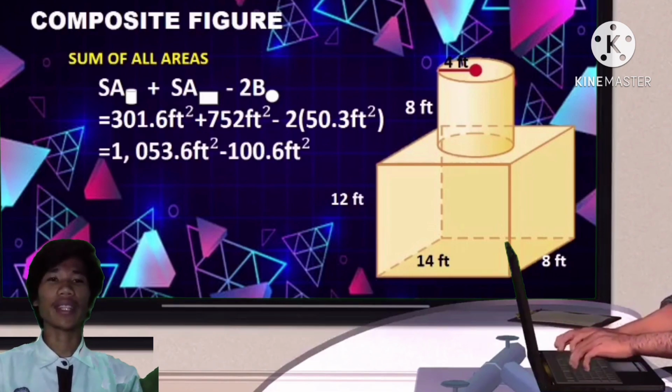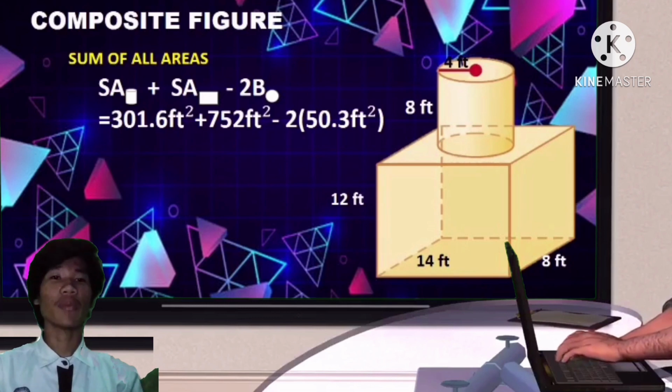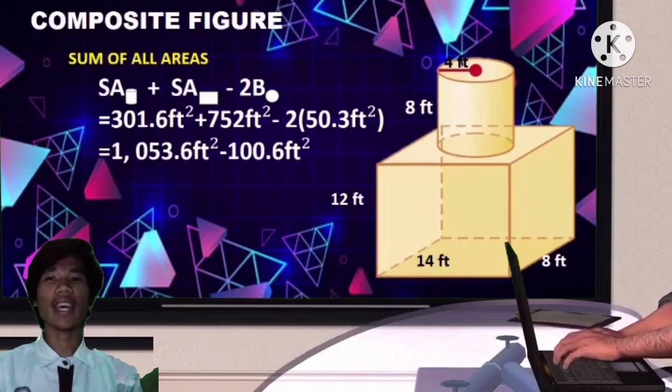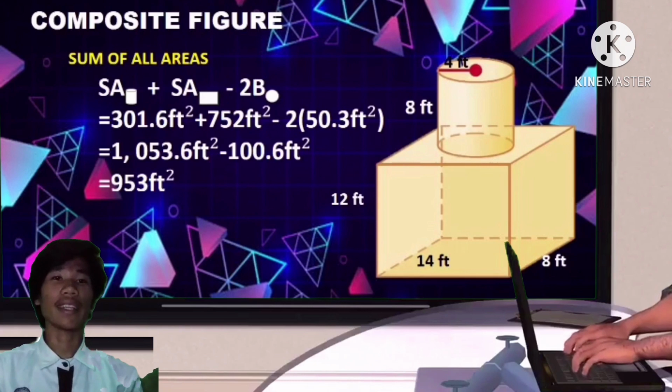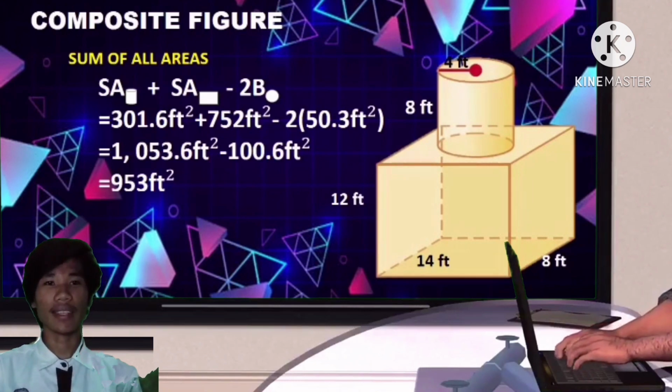And we have 1053.6 feet squared minus 100.6 feet squared. And then we have the surface area of the composite figure, 953 feet squared. And that's how to solve and find the lateral area and surface area of a composite figure.